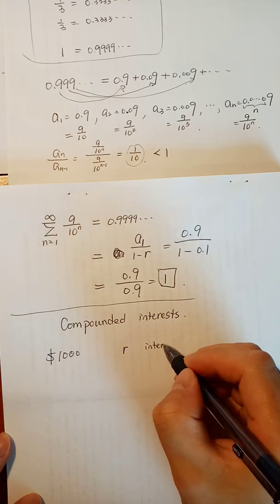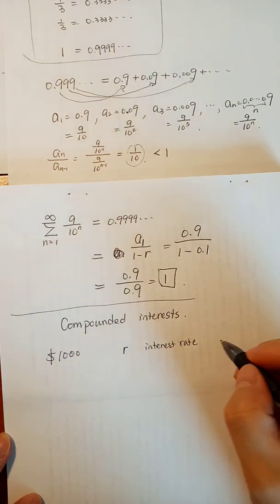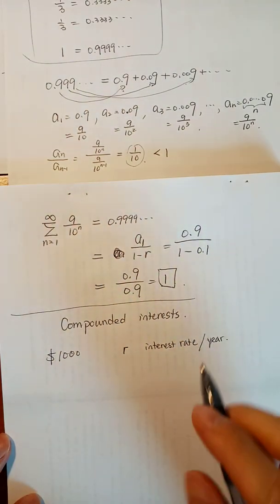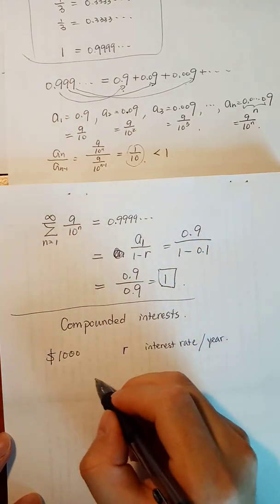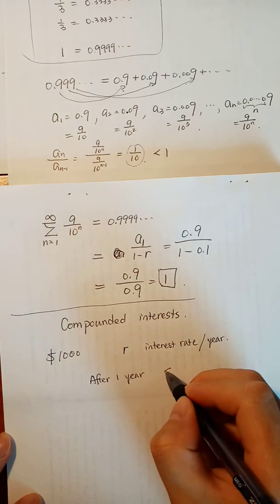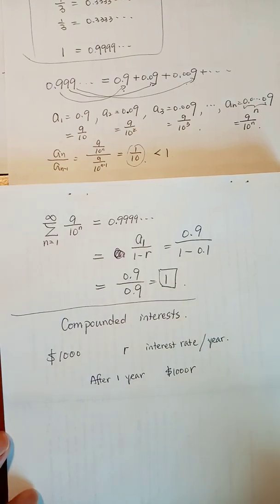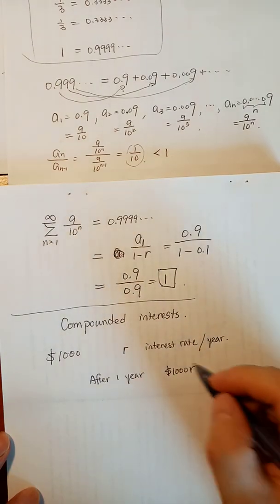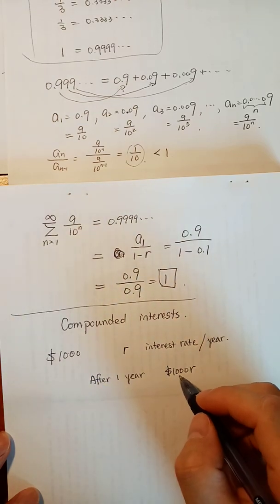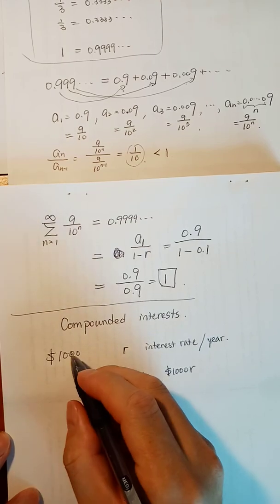So after 1 year, you will have interest $1,000 times R. And if you do not withdraw it, you will keep this $1,000 times R. This is interest, then plus your principal.